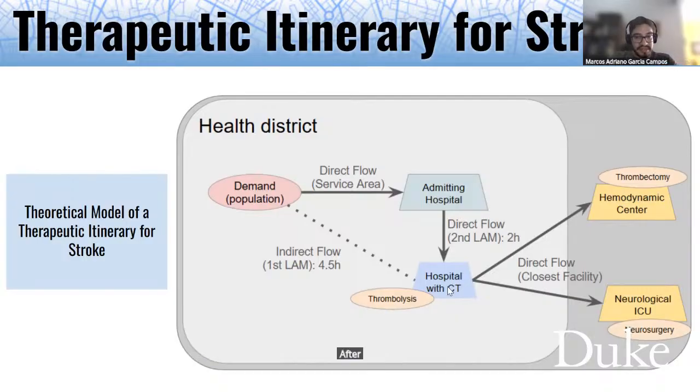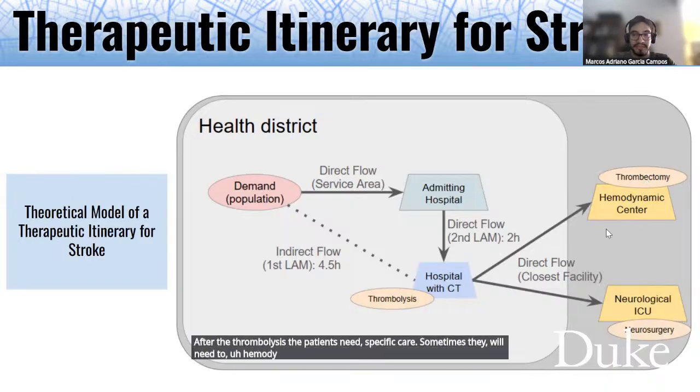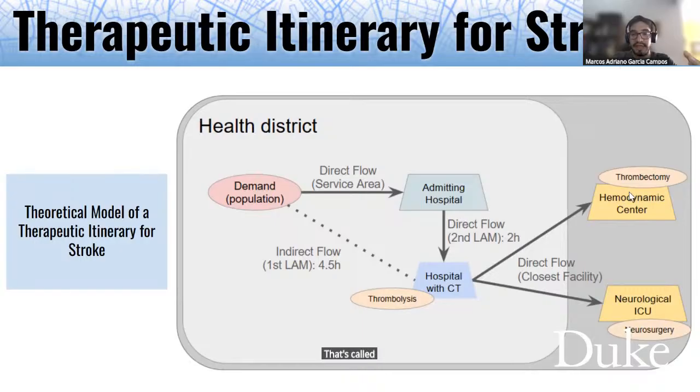After the thrombolysis, the patients need specific care. Sometimes they will need hemodynamic treatment called thrombectomy, which I can do within 6 hours of the onset of symptoms, or a neurological ICU, intensive care unit, where I have a neurosurgeon, neurologist, or specific professional treatment, rehabilitation, whatever.